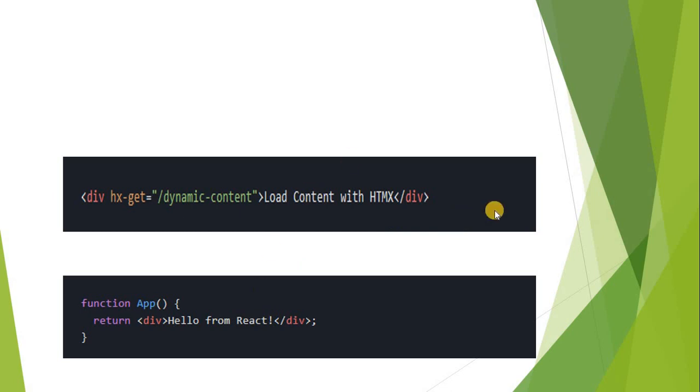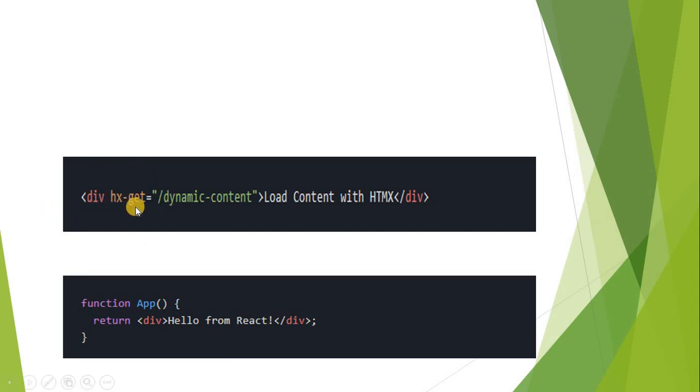Here you can see the React syntax, in which we have created one function component named App that is returning a div element containing the text Hello from React.